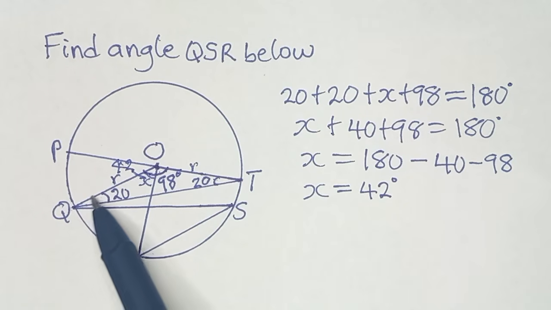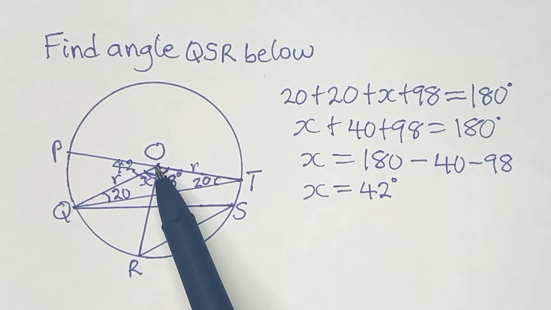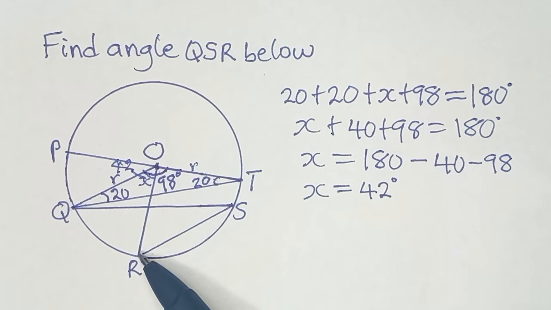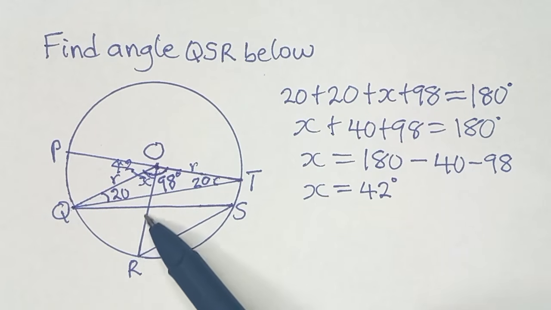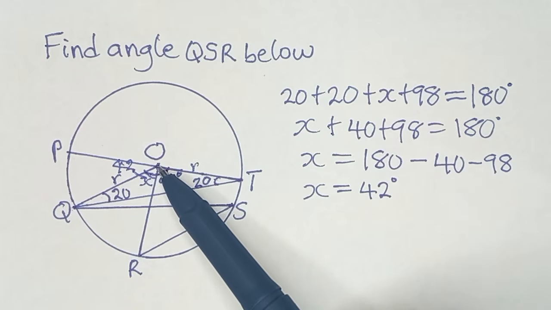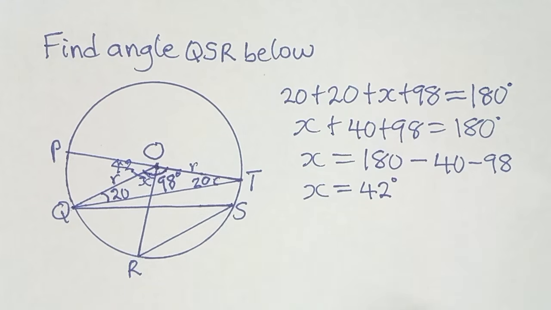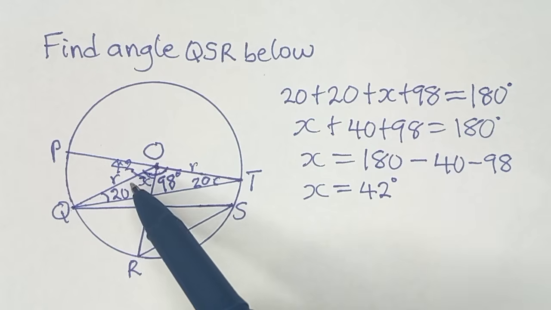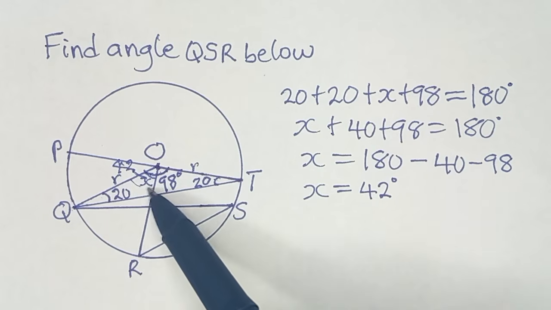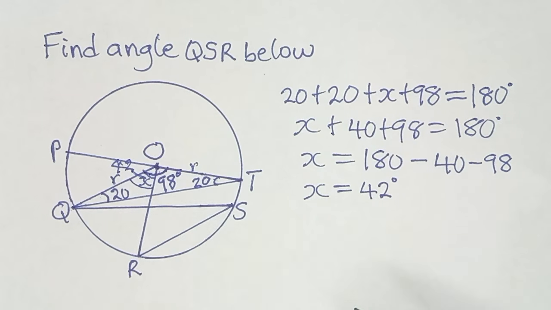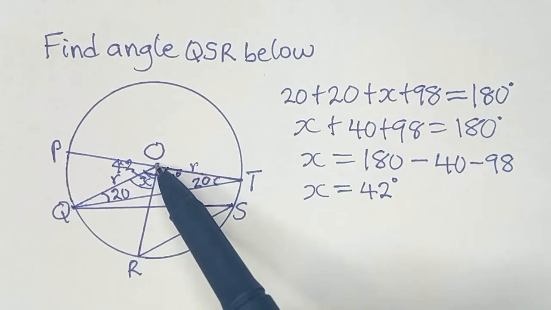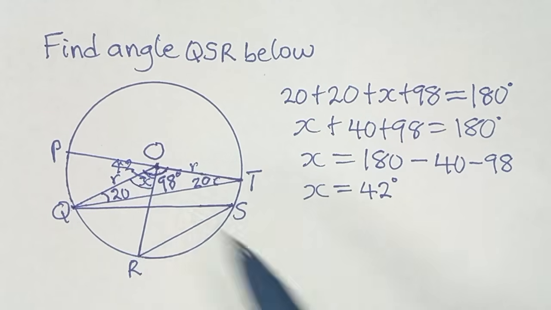The first line from Q is going to the center of the circle. And I have another line from R to the center of the circle. These two lines now form this angle X, which is 42, that we just established. So don't forget Q and R, two lines going to the center of the circle to form 42 degrees.